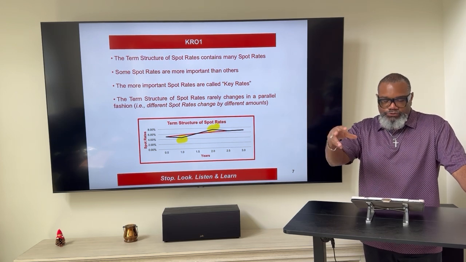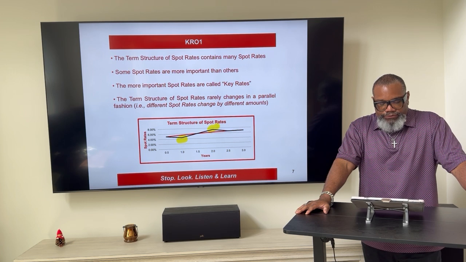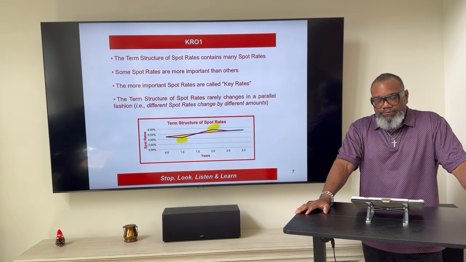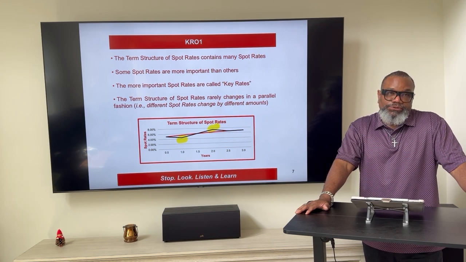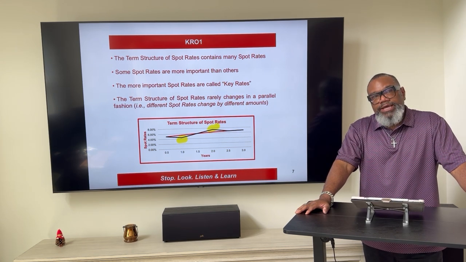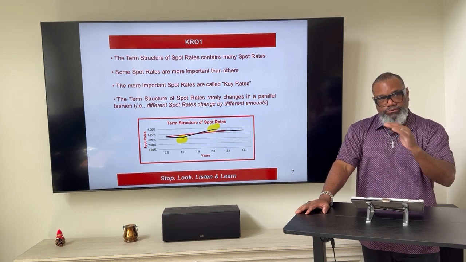There's usually some kind of twist or turn, as depicted by this graph towards the bottom of the page. And that means that different spot rates change by different amounts, and you still need to be able to quantify the impact on the value of your fixed income portfolio when this term structure of spot rates twists or turns, if you will, right?